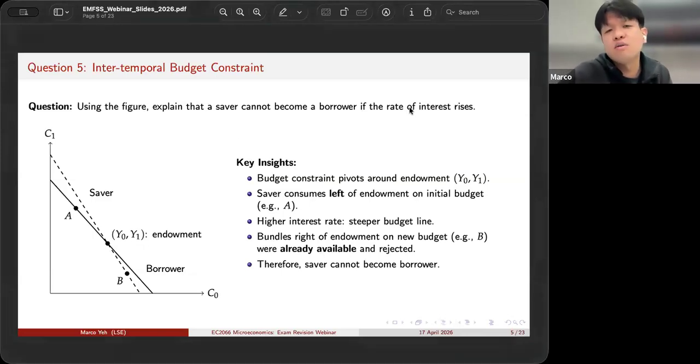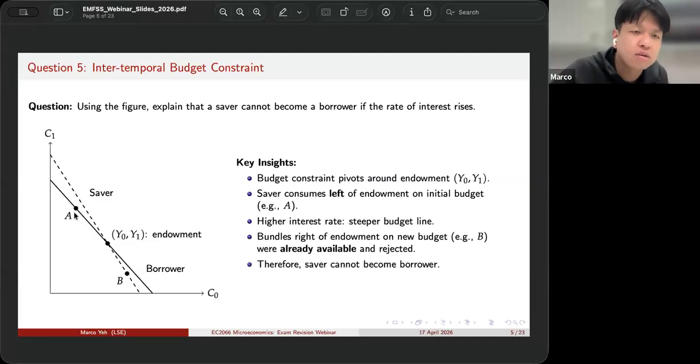Now, the fourth one. We want to argue the statement is correct: a saver cannot become a borrower if the interest rate rises. Why not? For the first scenario, we have a lower interest rate, so I have the solid budget constraint line on the diagram.